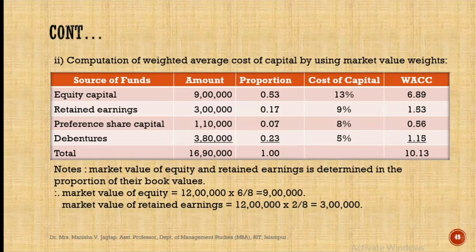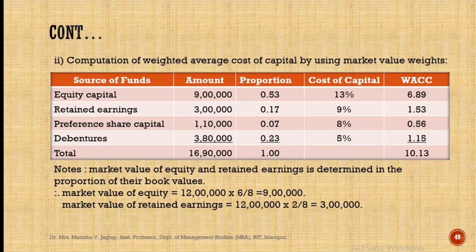So you can see here 6.89 for equity capital, retained earnings 1.53, preference share capital 0.56, debentures 1.15, and thus the total weighted average cost of capital is 10.13.